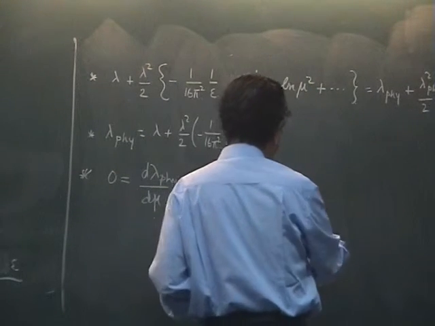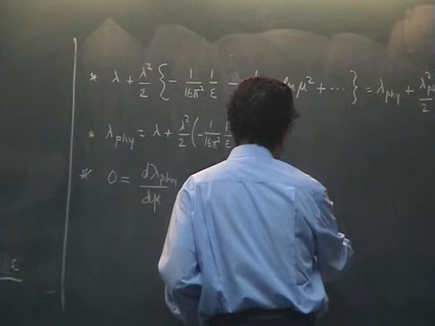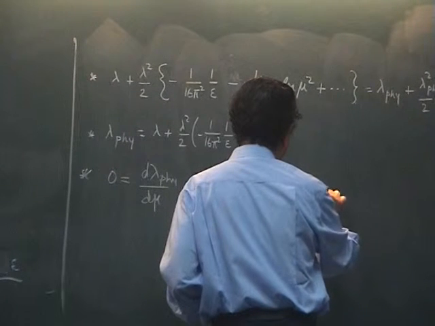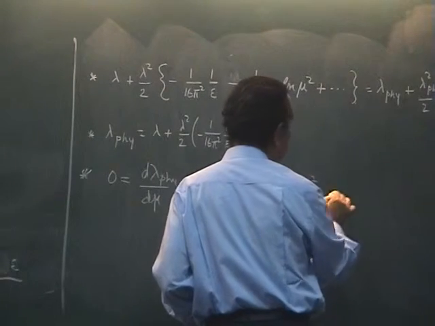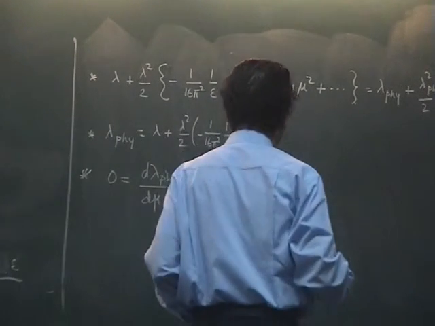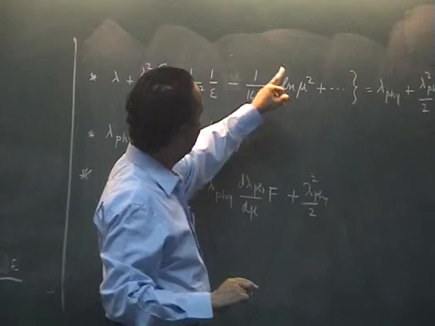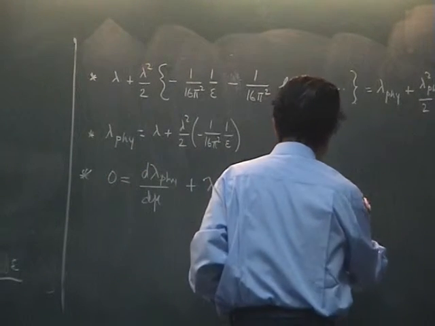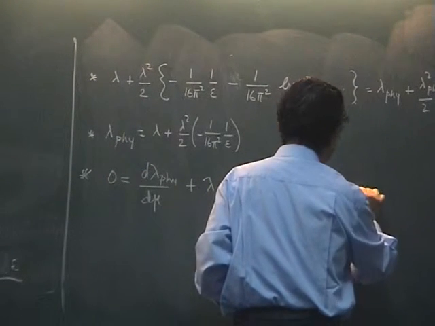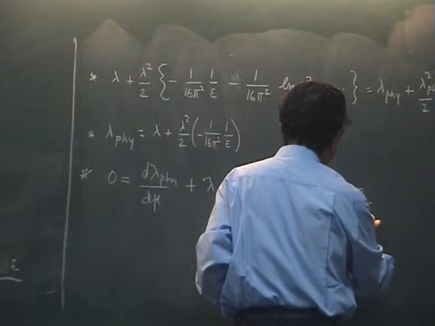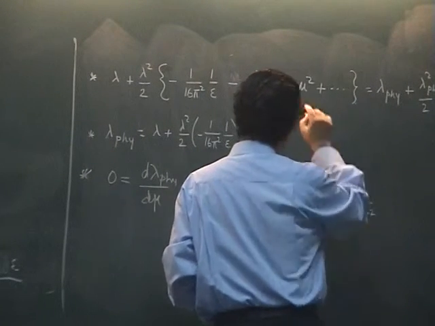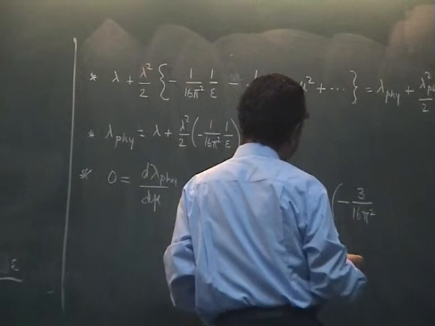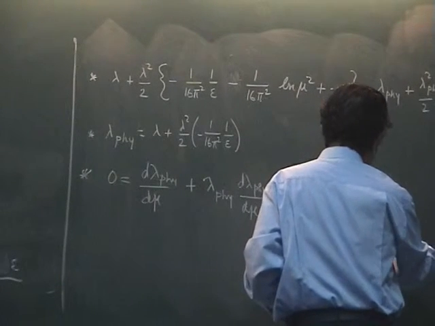Then you have plus lambda physical square by 2 df by d mu. So df by d mu is coming from this. That is going to be minus 3 over 16 pi square. 3 because there are 3 factors of log mu square as I told you. Derivative of log mu square with respect to mu, that is 2 over mu.